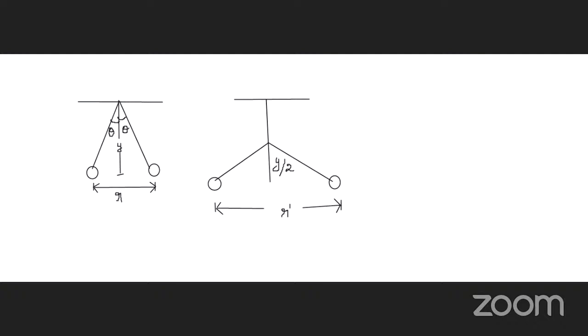So initially it is theta. Now let me take it as theta 1, and here also it is theta 1. So we have to find out this equilibrium separation r prime now. For that, we have to apply the equations. So here I will be writing the equation.